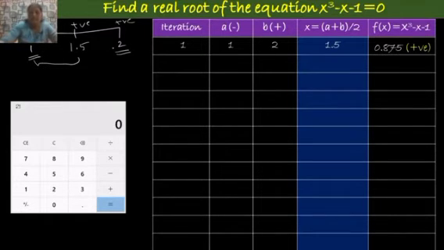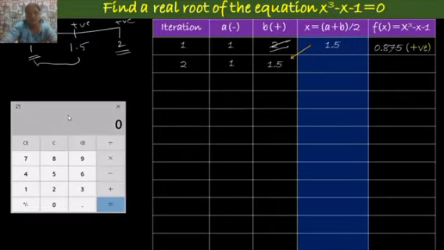So in the second iteration, you have to replace the value of b by 1.5. So now the root of the equation lies in the interval 1 and 1.5. Adding these two values together, 1 plus 1.5, and dividing by 2, you get 1.25.